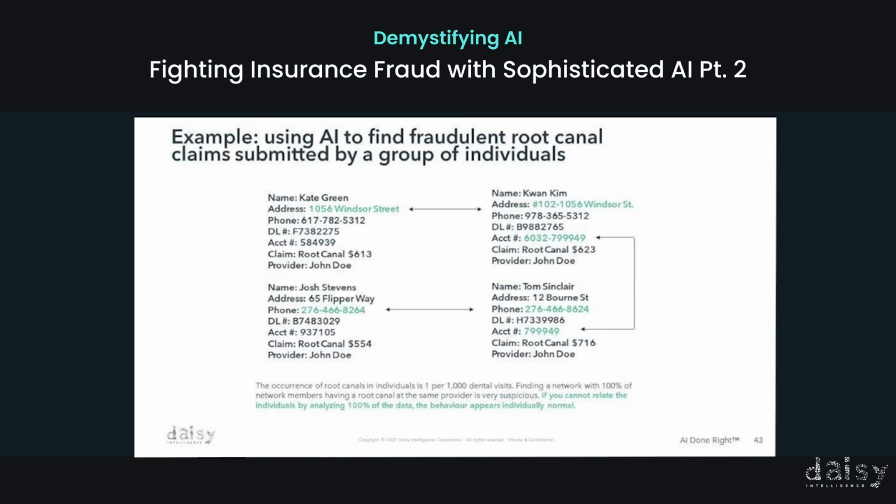But when we relate them to the same network, because they are non-obviously connected, now 100% of a network having a root canal becomes an outlier. So we've assigned a fuzzy logic curve to the procedure code root canal to a network that we built linking people non-obviously. So again, social network, behavior aggregated to the social network, we can apply fuzzy logic curves, and we can determine, again, is this network an outlier or not with respect to its peer networks.